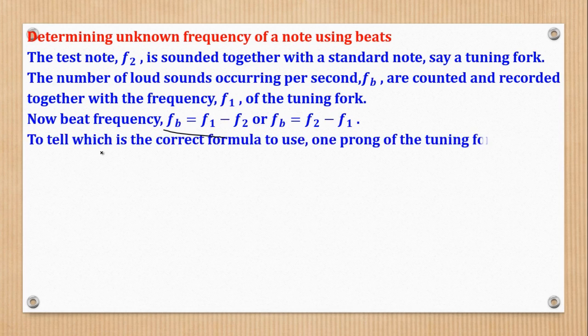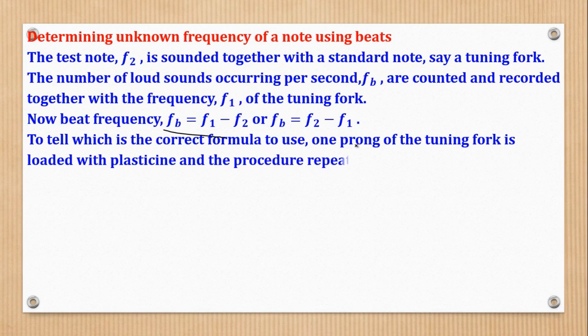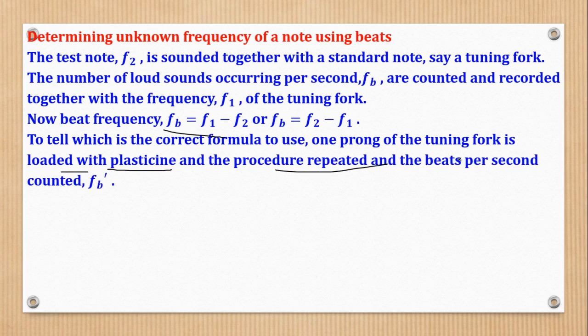So to tell which is the correct formula to use, one prong of the tuning fork is loaded with plasticine and the procedure repeated and the beats per second counted. So then the new beat frequency will be FB prime. So now you're going to compare the two.